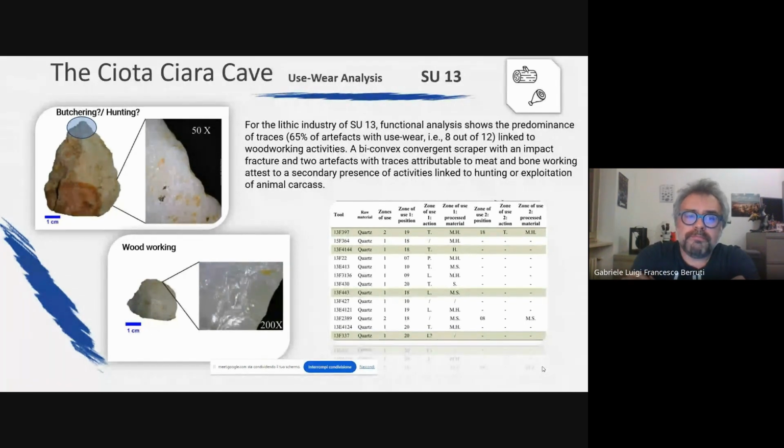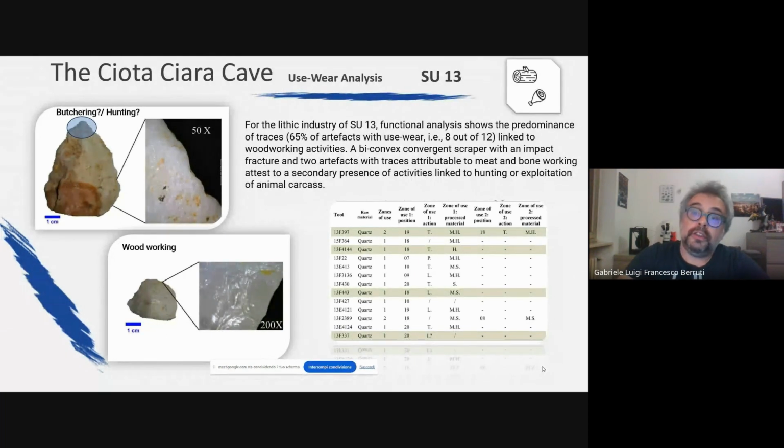Also, we have a clue that in this layer there are also traces of hunting, because in this big complex convergent scraper on the point there is an impact fracture, a fracture that occurs on the instrument when it was used to hit a target.